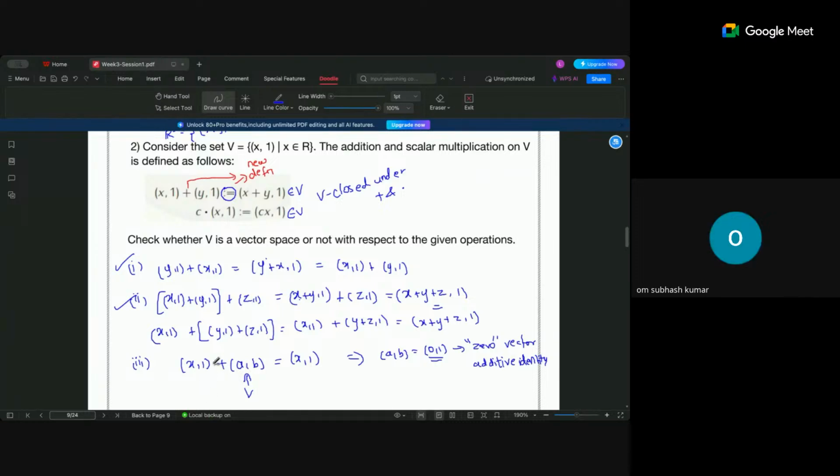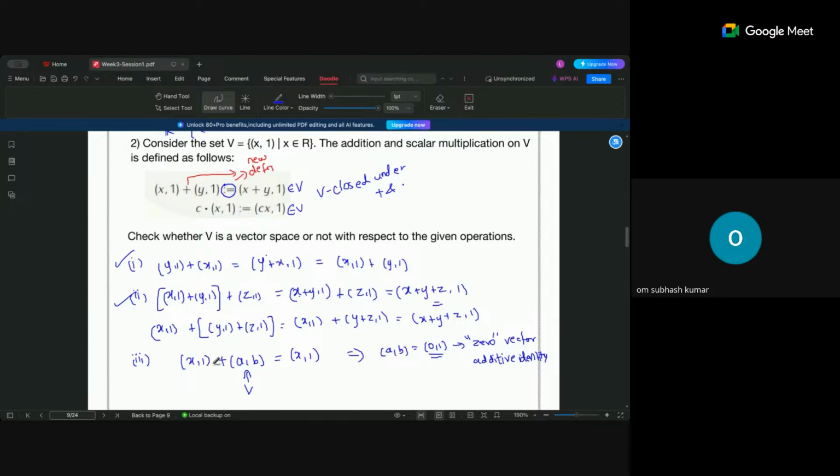Ma'am, can you explain one more time why a comma b equals 0 comma 1? Okay, fine. First of all, your identity element should be an element of your set V. So this obviously means that the second entry should be 1.